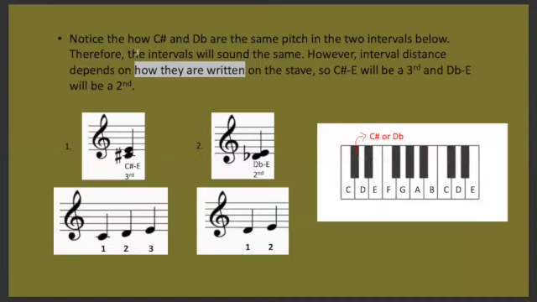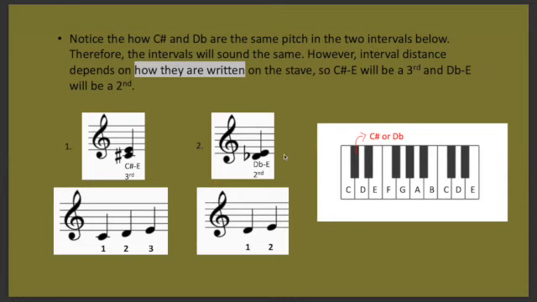Notice how C sharp and D flat are the same pitch in the two intervals below. I'm going to draw your attention to the intervals I'm talking about. Number one, this interval, we have a C sharp to an E. And then the second one here, we have a D flat going to an E. Now, a C sharp and a D flat will sound the same because they are the exact same pitch.